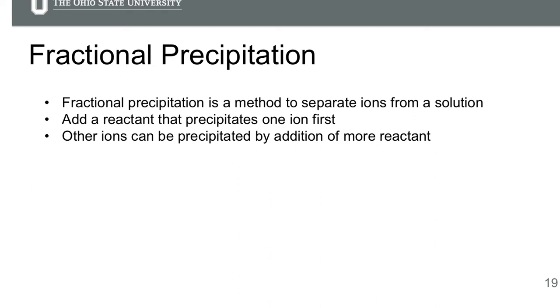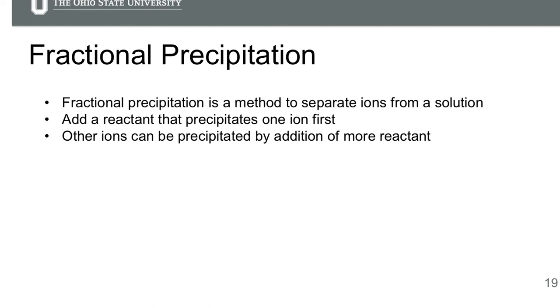Okay. So in fractional precipitation, imagine you have a beaker and we'll say we have silver ion and lead ion. We're going to add sodium chloride to those. Silver chloride and lead chloride are slightly soluble salts, but they have different K values. I don't remember them off the top of my head, but one of those salts will precipitate before the other. The one with the smaller K value will precipitate first.